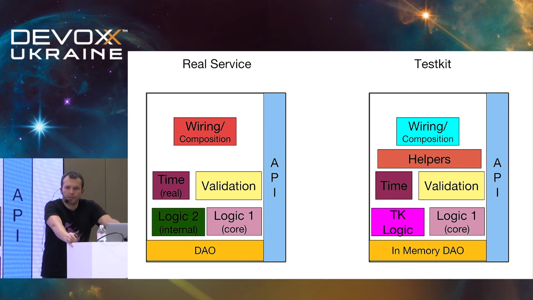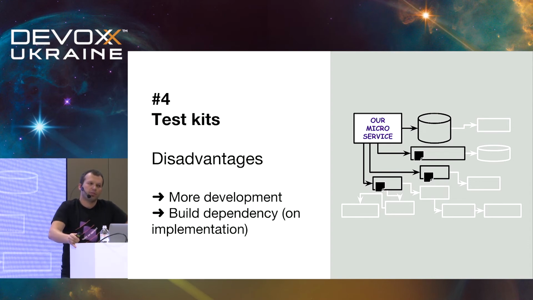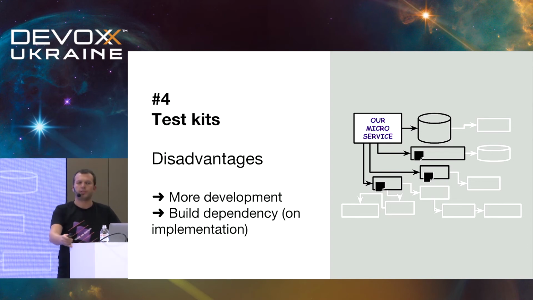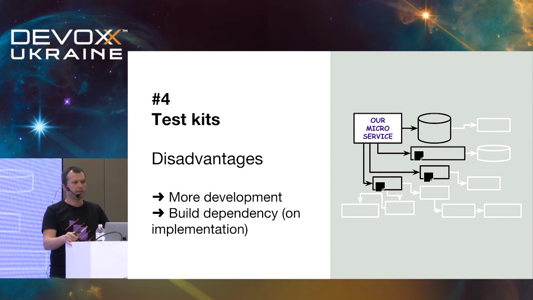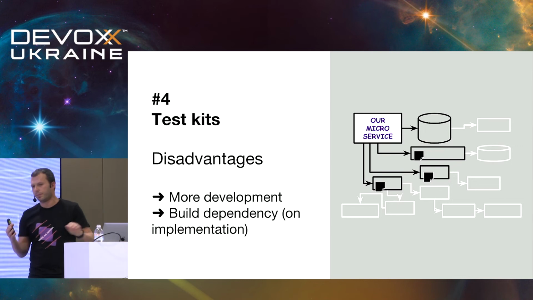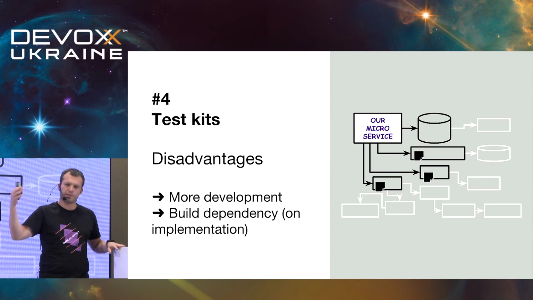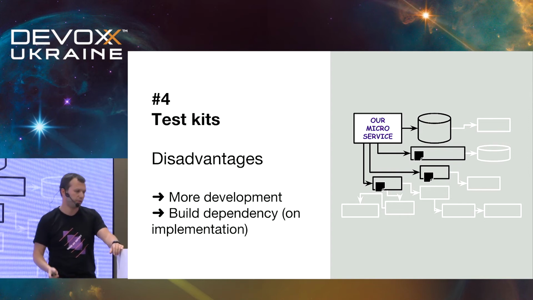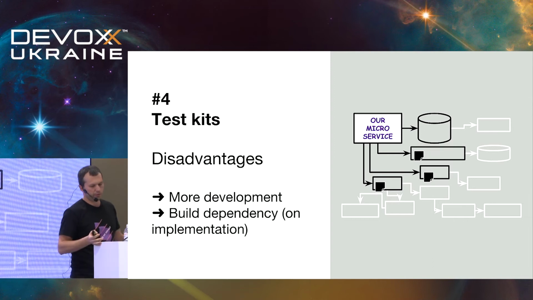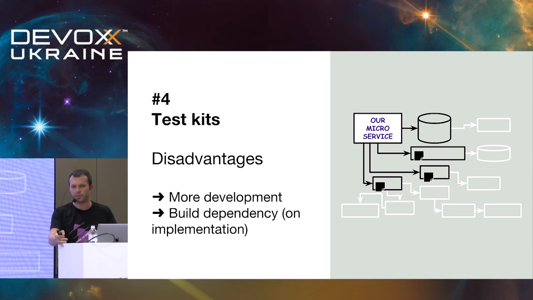Now, in any good thing, there are also disadvantages. So the main disadvantage here is that it requires much more work, much more development. It's not easy. And the second disadvantage is more build dependencies. So now the users of a service that have a test kit are dependent on this service implementation. For example, if this build breaks, now all the builds in the company might break.